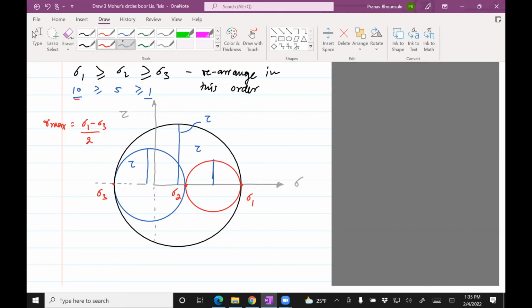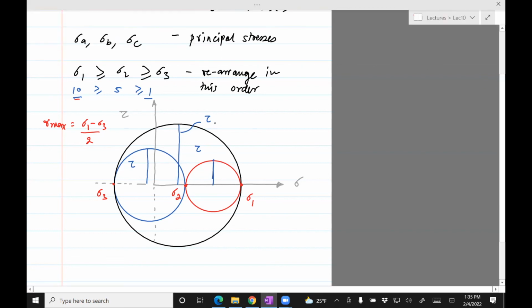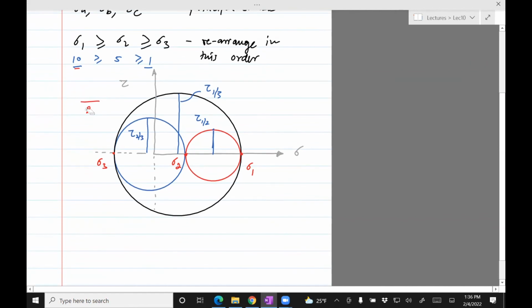Sigma 1, 3, tau 1, 3, tau 1, 2, tau 2, 3. Okay, so the taus are actually sigma. So you can see that it's basically the radius of the circle, right? That's the radius of the biggest circle. But the radius of the biggest circle is nothing but sigma 1 minus sigma 3 divided by 2, because sigma 1 minus sigma 3 is the diameter of the biggest circle.